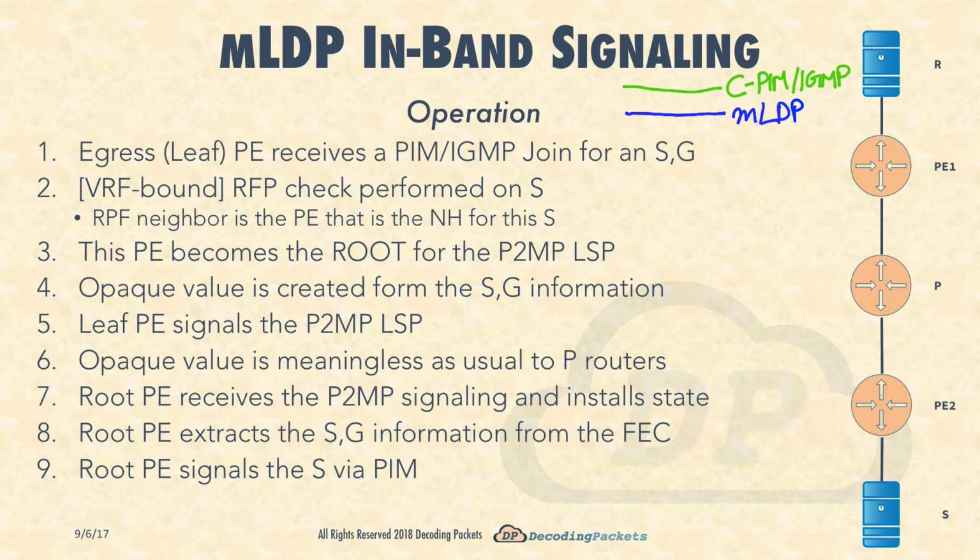Now, the very first thing that happens, which is point 1, is that the egress PE receives a PIM or IGMP join for an S, G. Now, we were talking about profile 6 and profile 7. Remember, it's not all just VPN traffic, it could be just regular traffic as well, right? A customer that doesn't sit in a VRF, it sits in your global table. If this particular state is coming in a VRF, if you're receiving the signal inside a VRF, that is profile 6.